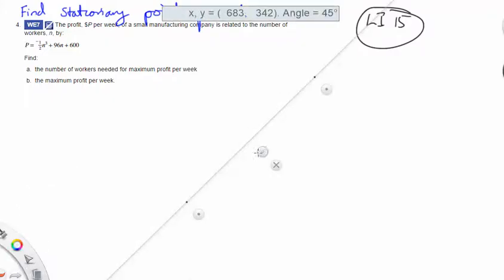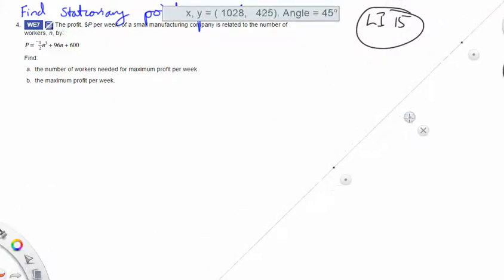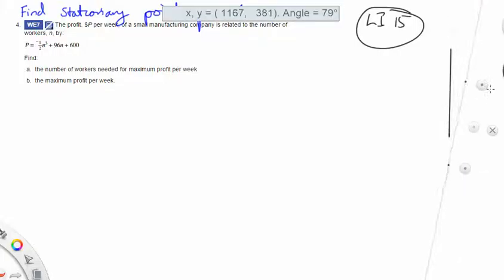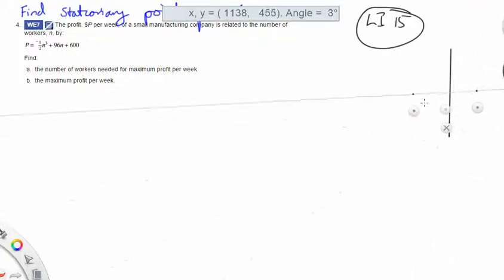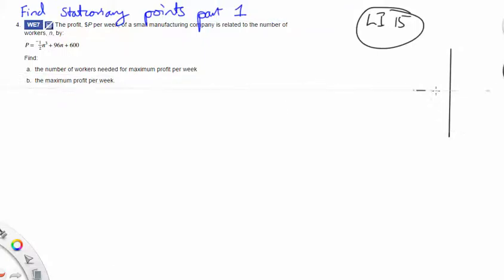Hey there. In this video we're looking at finding stationary points for learning intention 15, and I'm going to do a quick sketch on the side here to remind you what a stationary point is. It's where the gradient of the curve is 0.